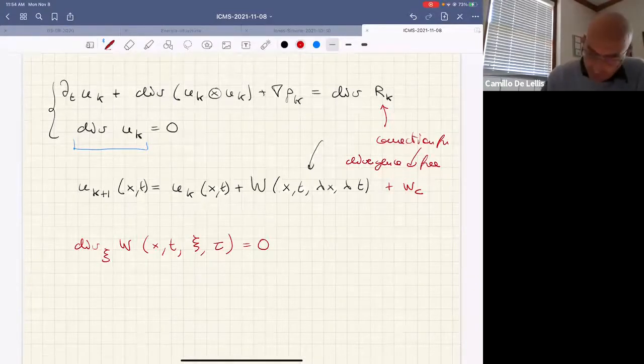Okay, but I really want to think of this function W as depending on this function R and the previous solution.